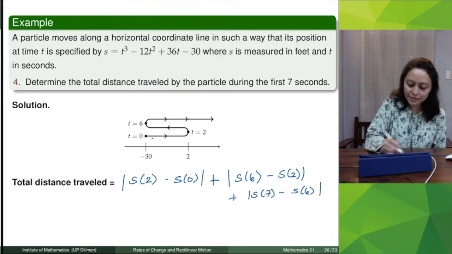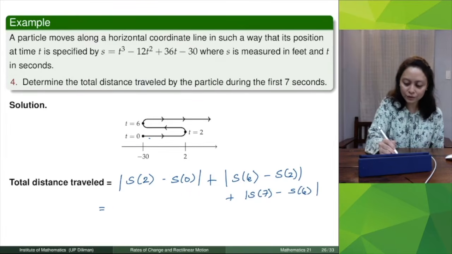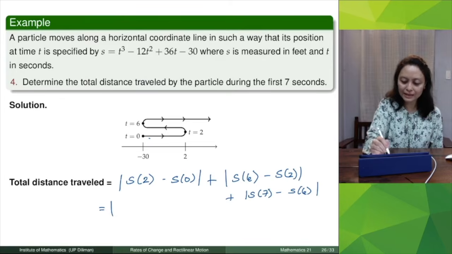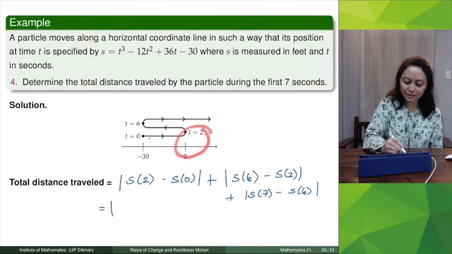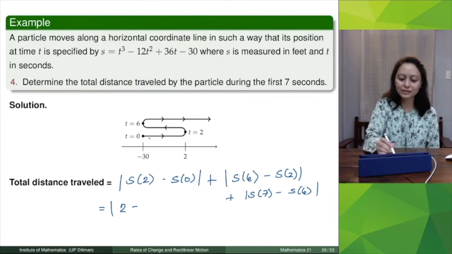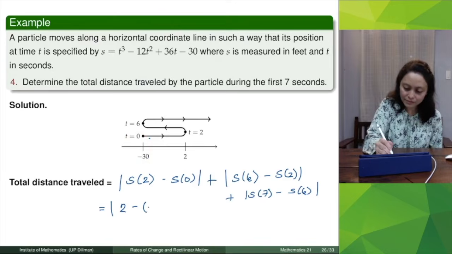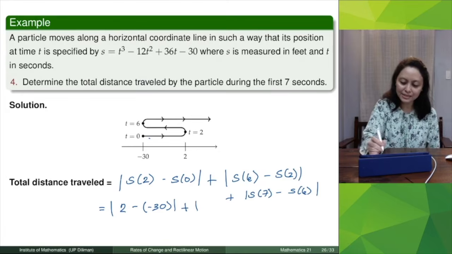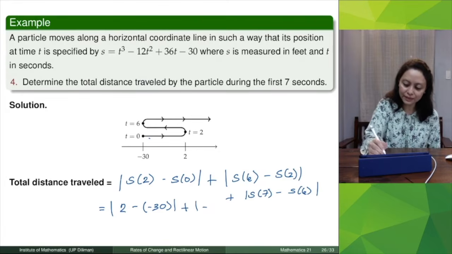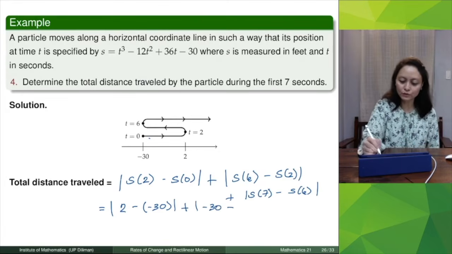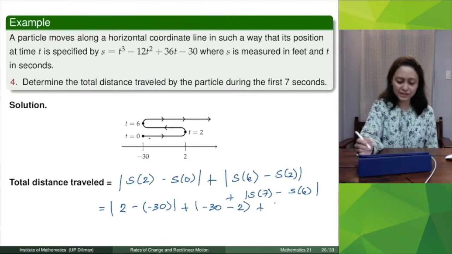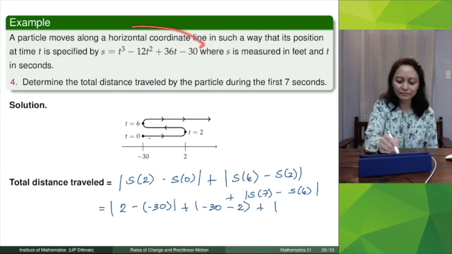Sige, so let's get the values. S of 2, ito diba? S of 2 is 2 minus S of 0, ito yung S of 0. S of 0 is negative 30 plus S of 6, again, is negative 30 minus S of 2 is 2 plus S of 7. Can you compute that?